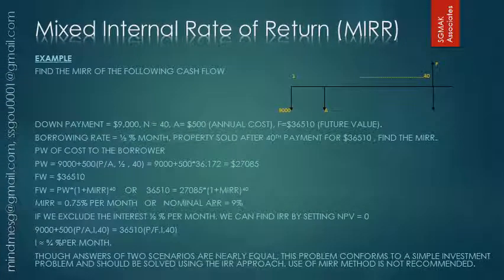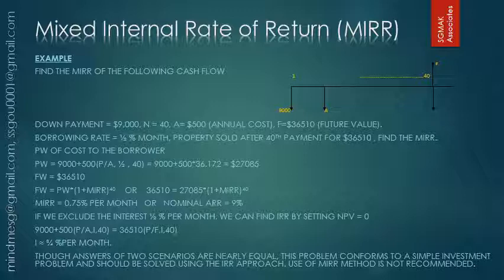This is a simple investment problem, so it's recommended that we solve it using IRR, but I want to also solve it as an MIRR. You've got a down payment of $9,000 and the plan period is 40 time buckets, 40 months. You can think about buying equipment for $9,000, with an annual cost you're putting into the equipment of 500.